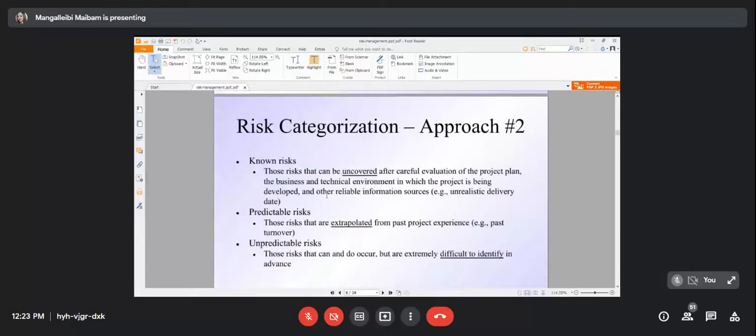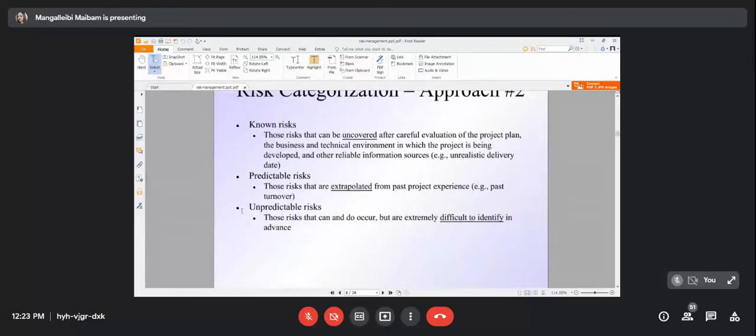And in the second categorization, we have again three types: known risk, predictable risk, and unpredictable risk. As you can see from the term itself, the particular risk is known to us.